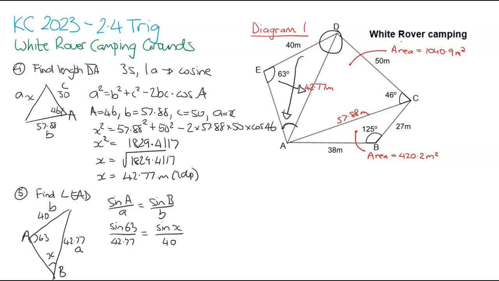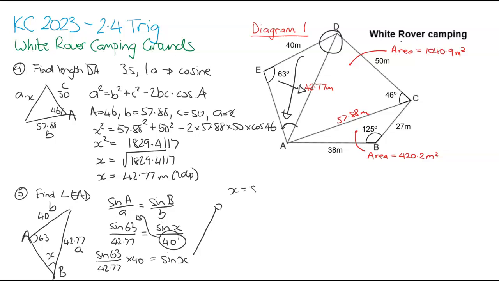Now we're going to do a bit of algebra. This 40 is going to move to the other side as multiplication. So I'm going to have sine 63 over 42.77, so that's unchanged to above, times 40, which is the opposite to the divide by 40, and that will be equal to sine X.